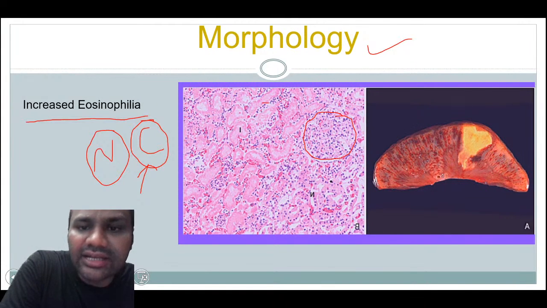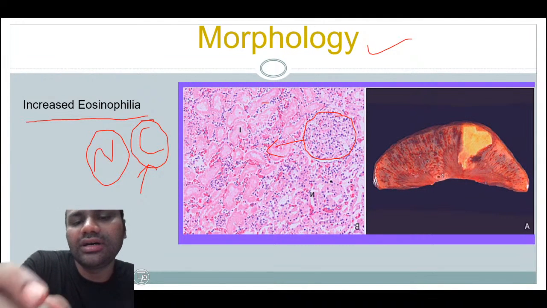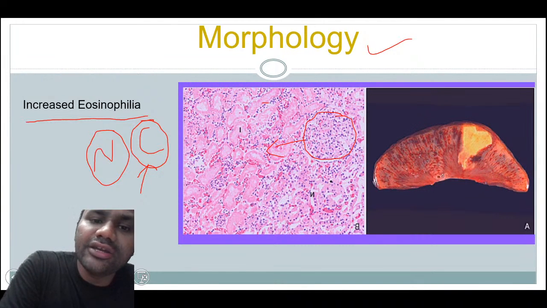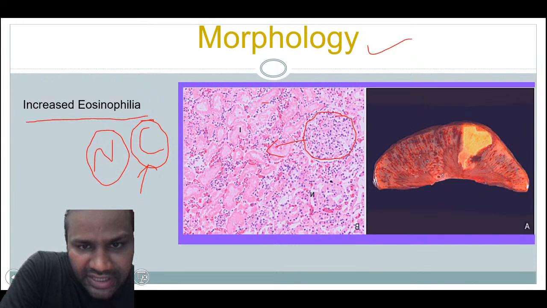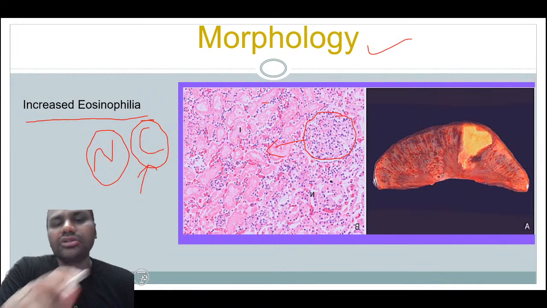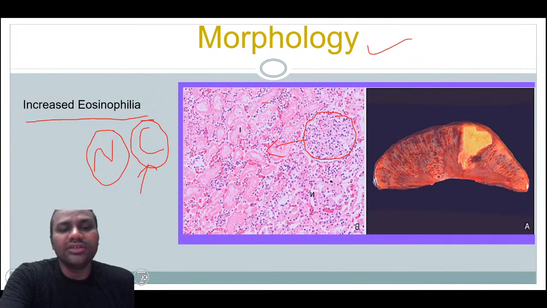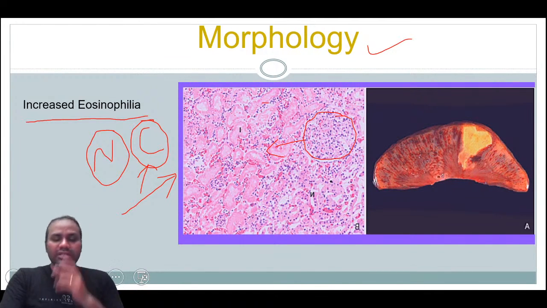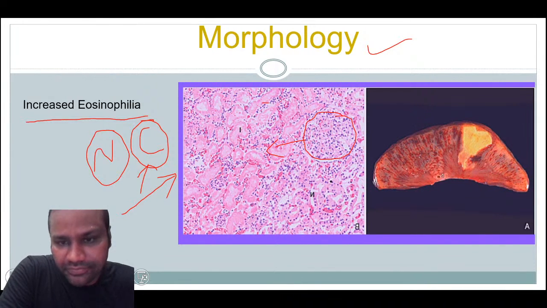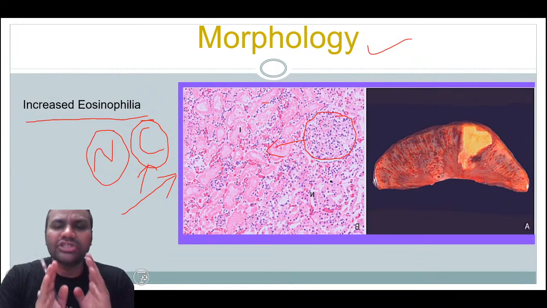Here on this side is the counterpart image of the same normal glomerulus, and here you can see the architecture is completely distorted, the cytoplasm is pinkish, and there is loss of nuclei. This type of figure is defined as necrosis, with increased eosinophilia.